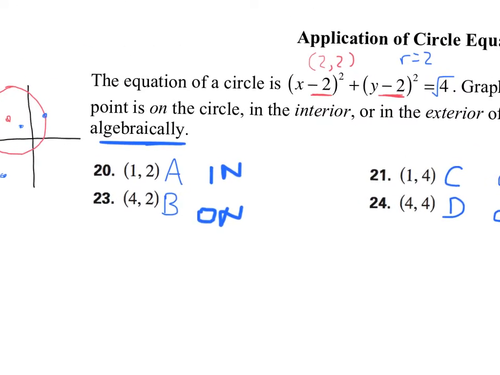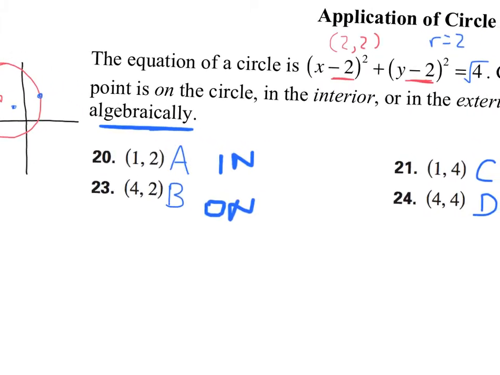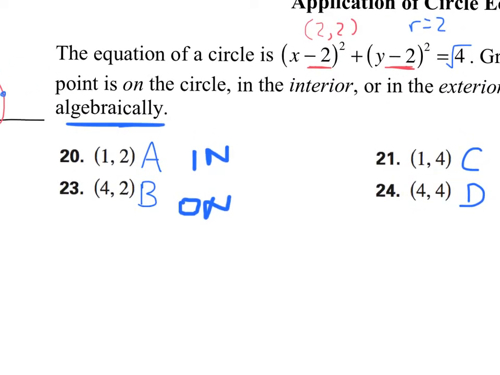So how do we check? We take our super formula here. We're going to plug in the point and see how this relates to 4. How it relates to 4. So let's check. I'm going to do number 20 right here. And I plug in everything into here, and I put a question mark right there.